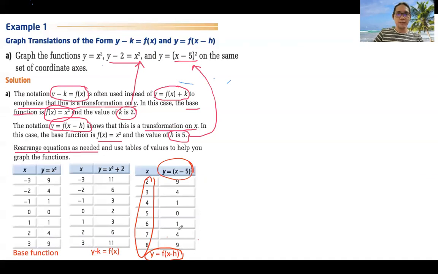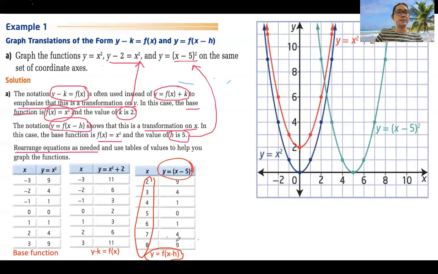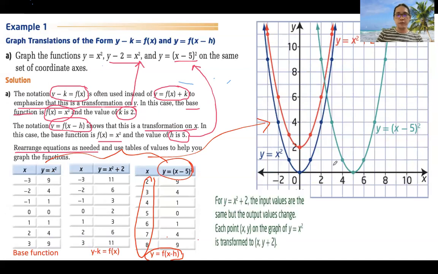Okay, so from here, we can now graph the function from the table of values that we have. We will graph it here. So this is the graph. You can do it by yourself using your graphing paper. And of course, as you can see, for y equals x squared plus 2, the input values are the same, but the output values change.